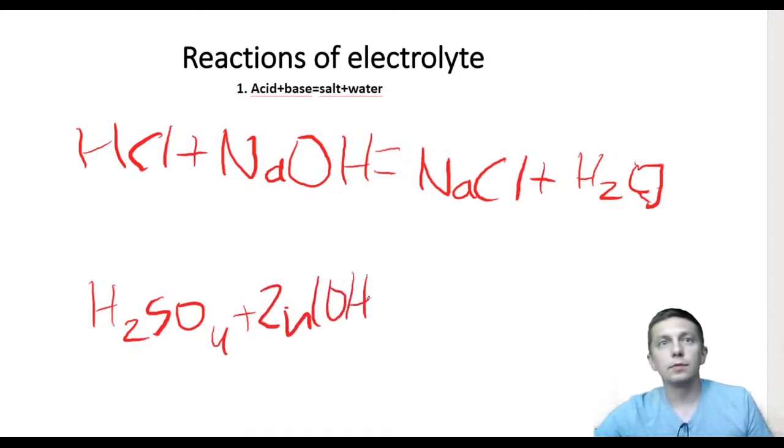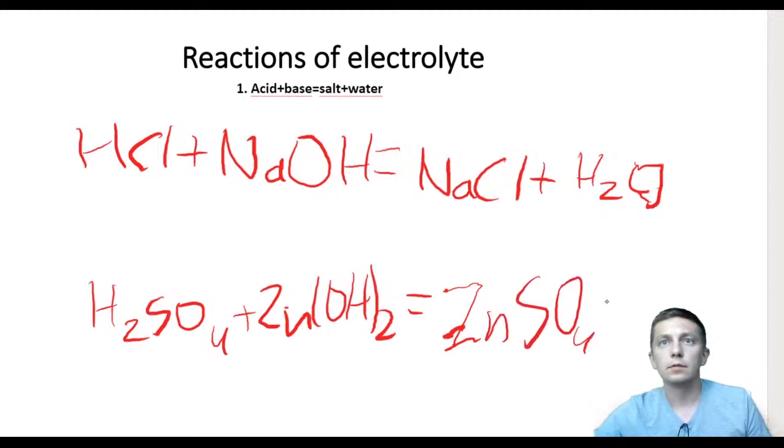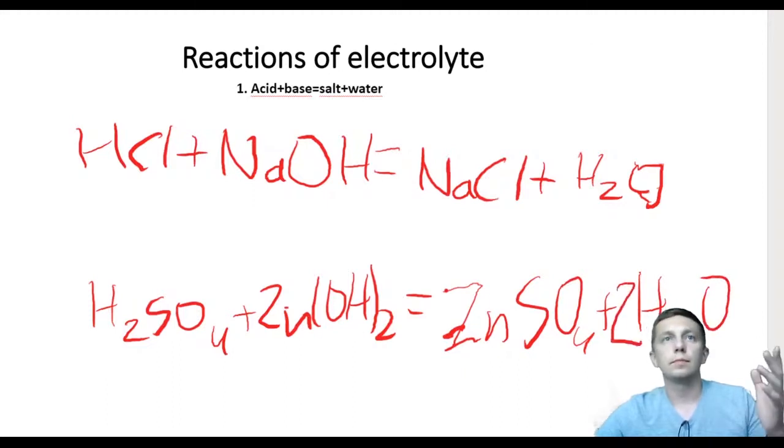We also form salt, zinc sulfate, and water molecules. The difference is only the coefficient. So acid reacts with base and forms salt and water.